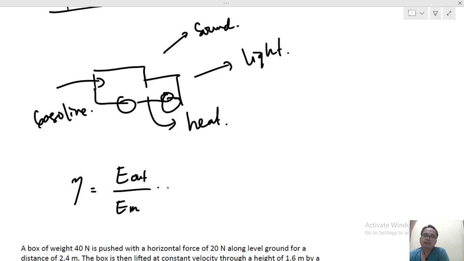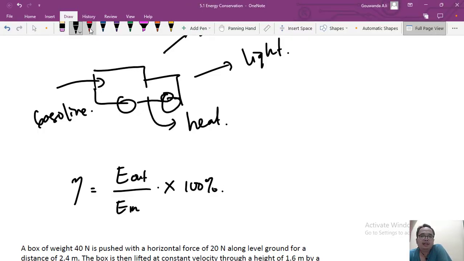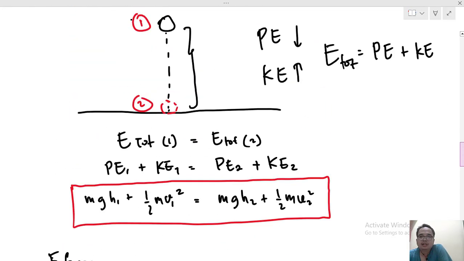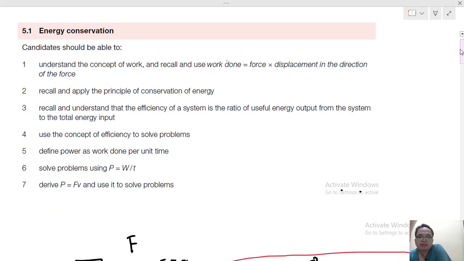Sometimes it will be times 100%, so efficiency is sometimes given as a percentage. This is efficiency, and we will practice later.